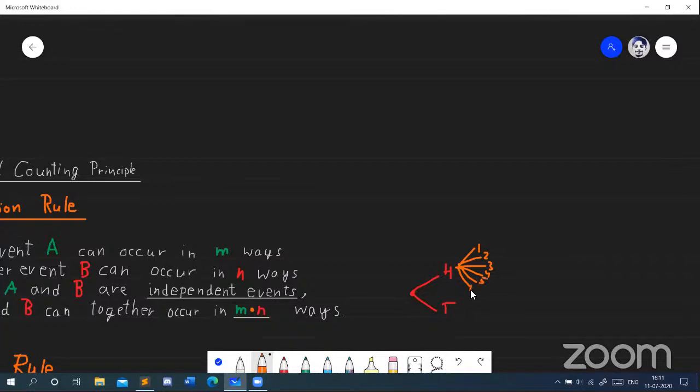Right? And similarly, we have 6 possibilities here. And if you see, this particular possibility corresponds to getting a head on the coin and a 1 on the die, and this will correspond to getting a head on the coin and a 2 on the die, and so on, right? So we'll have 6 plus 6, and that'll be 12 possibilities, or you could say 6 times 2, right? And this is why the fundamental principle of counting, the multiplication rule, fundamentally works.